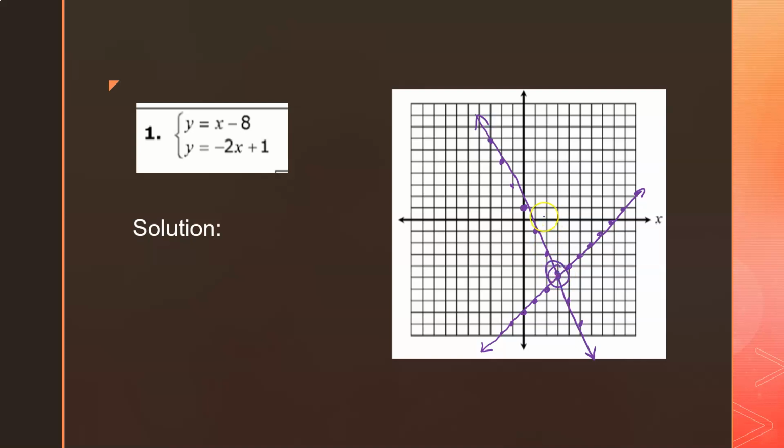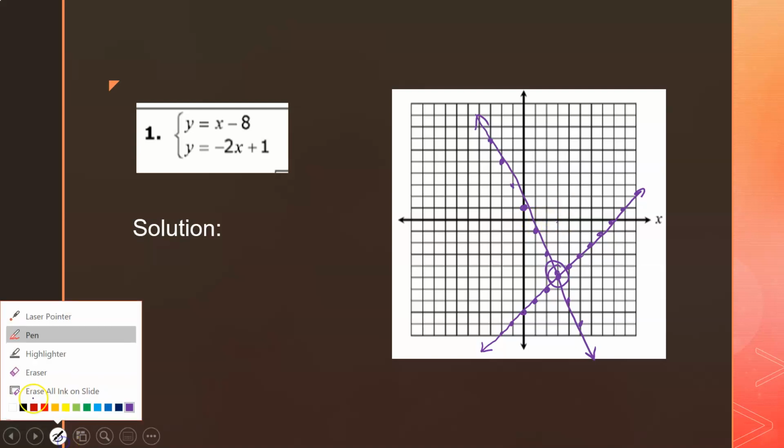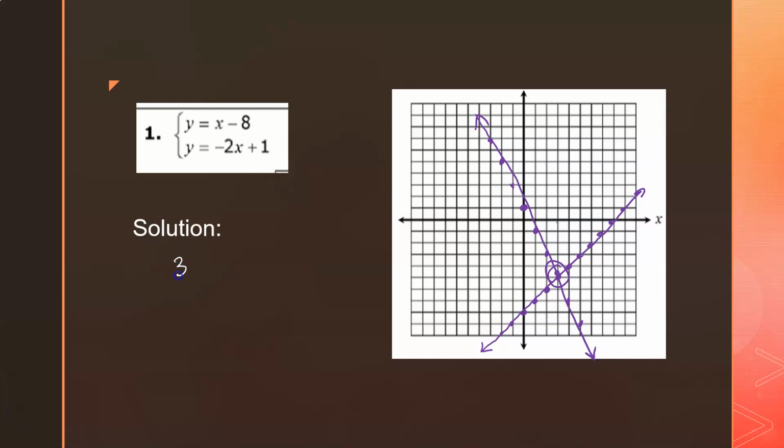The point where they cross will be 1, 2, 3, that's my x coordinate, down 1, 2, 3, 4, 5. So 3, negative 5. That's my solution. If I were to plug that into the equations, both of them would work.